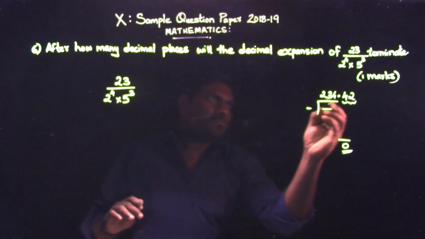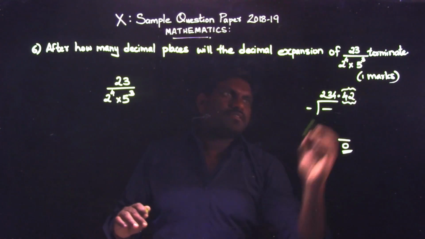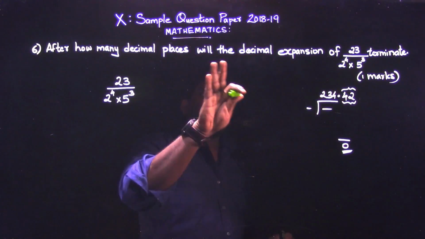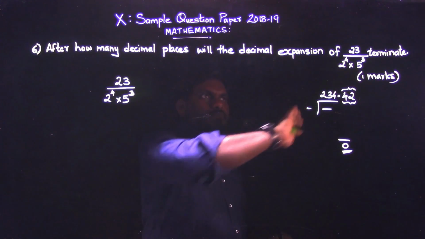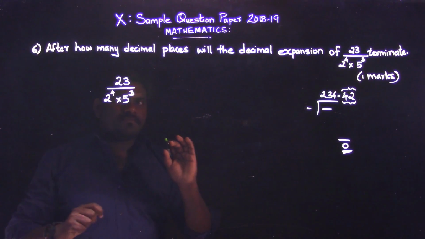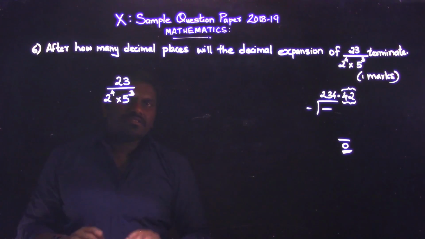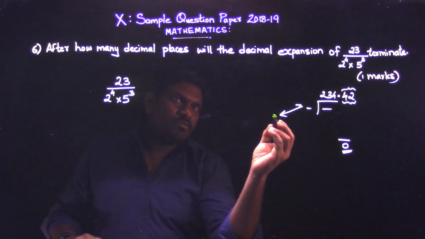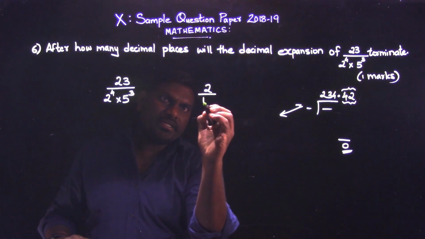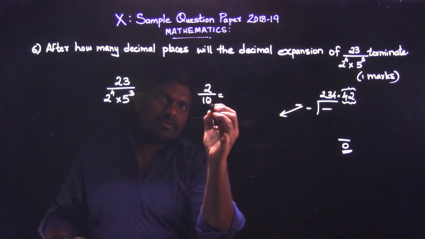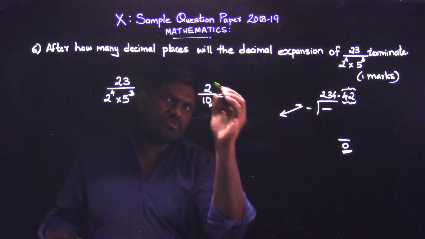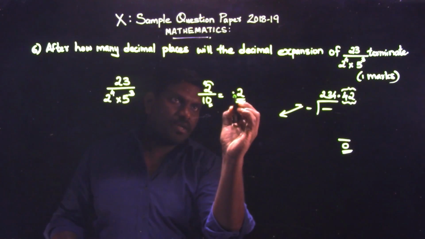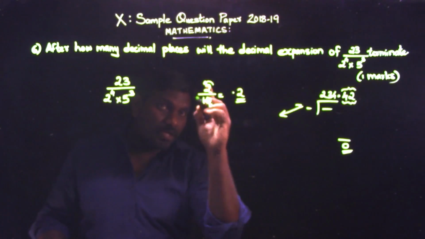So you are supposed to find after how many decimal places this expansion terminates. Another thing I want to make clear: 2 by 10 is what? When you have a 0 below, you can simply shift the decimal this side, so it will be 0.2, one place, because there is one zero.